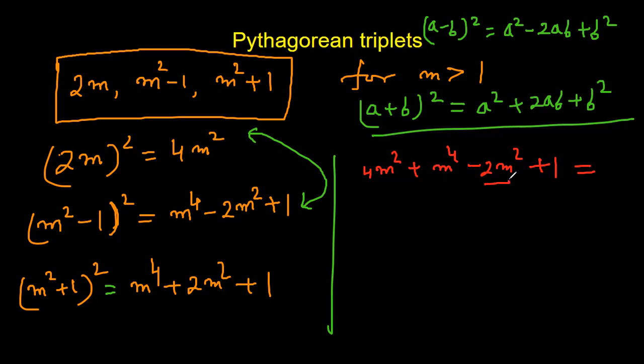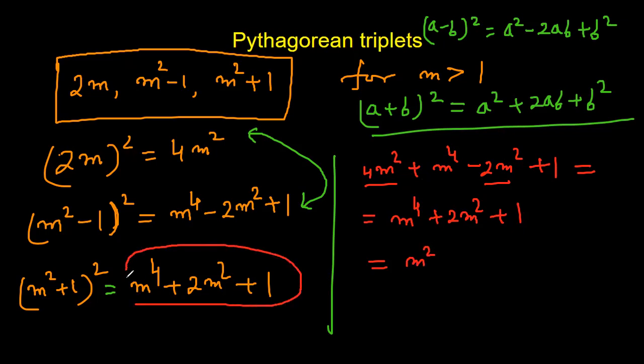This is minus 2m square and this is 4m square, so 4 minus 2 gives 2. Let's write m to power 4 first, highest power first, plus 2m square plus 1, which is the same as m square plus 1 whole square.